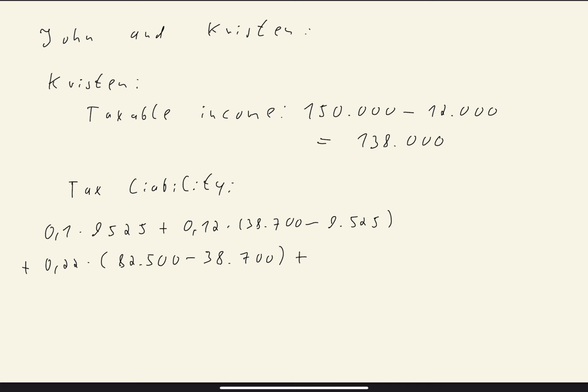And finally, for the remaining income up to $138,000, starting from $82,500, we have a tax rate of 24%. So this is 0.24 times 138,000 minus 82,500. And now if you calculate this, it is equal to 27,409.50.